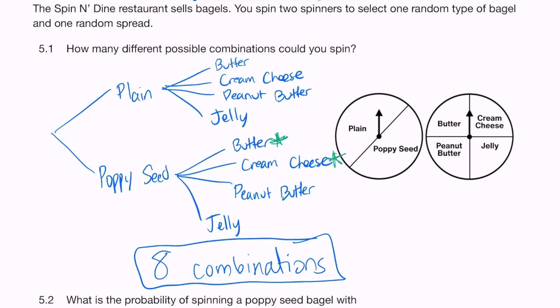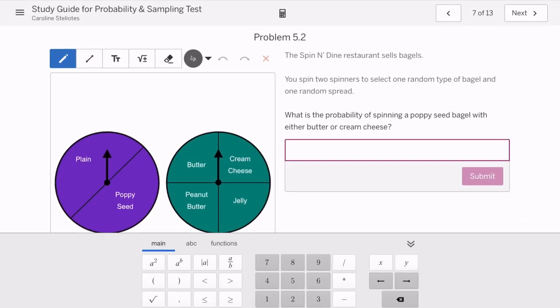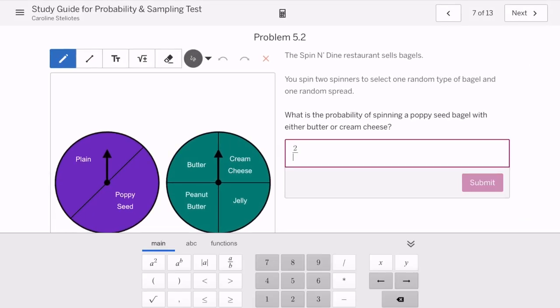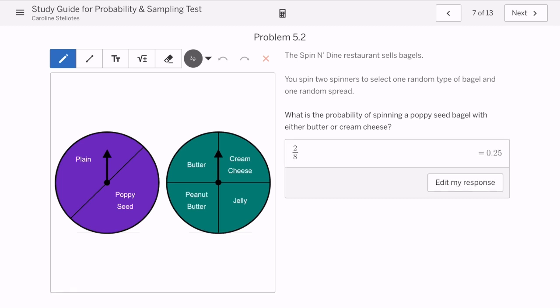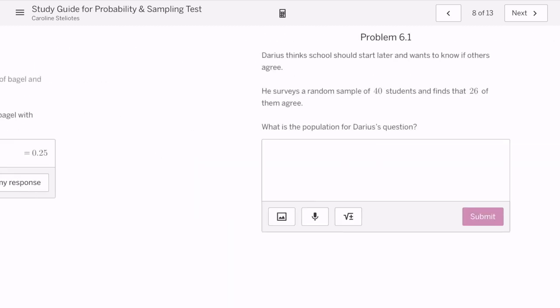So those are 2 of the 8 combinations. So the probability of spinning poppy seed bagel with either butter or cream cheese is going to be 2/8, which simplifies to 1/4, or 25%, or 0.25. We take the 8 possible combinations, and these are 2 of the 8 possible combinations.